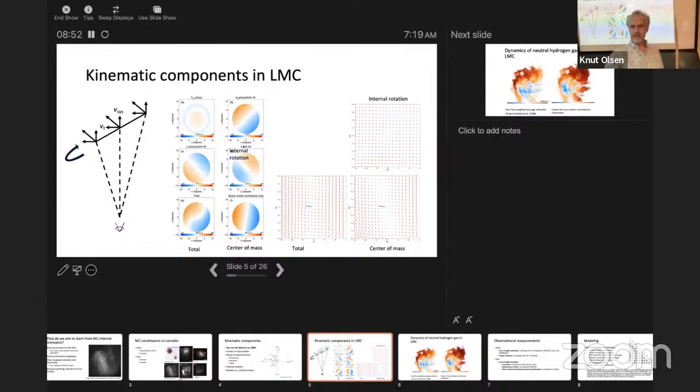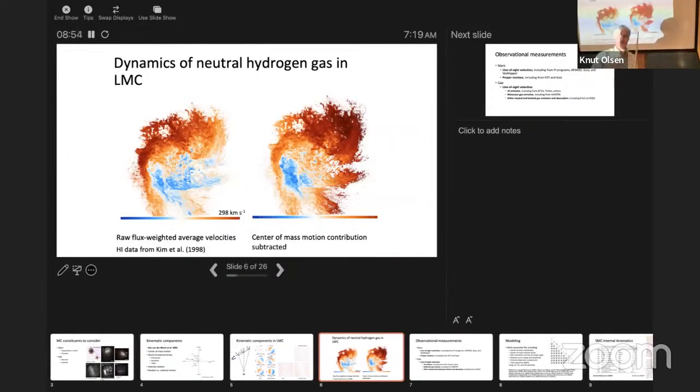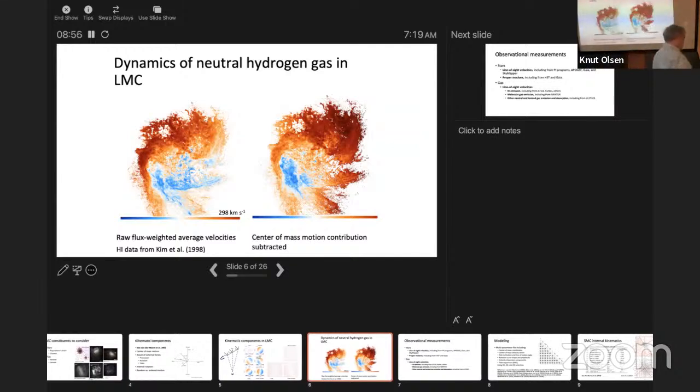You can show the effect if you take the H1 map from Kim et al. and you take off the mean velocity and use color to show velocity, right?